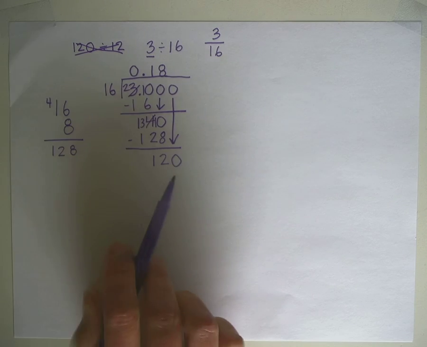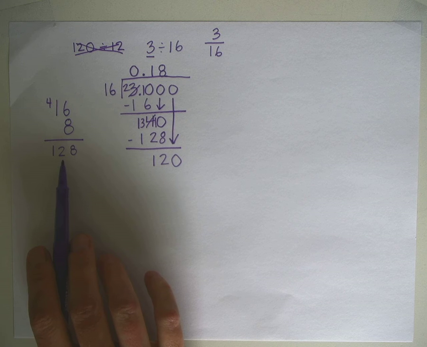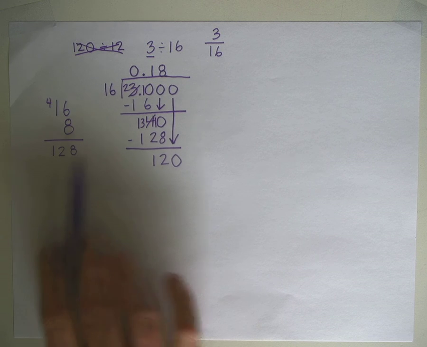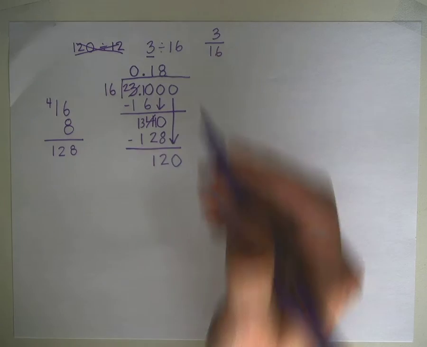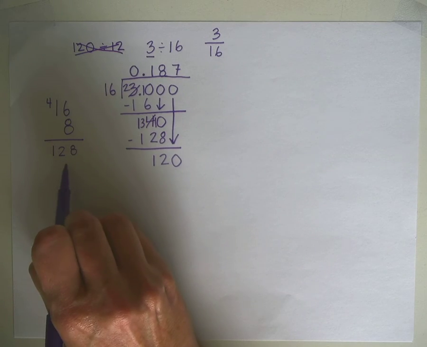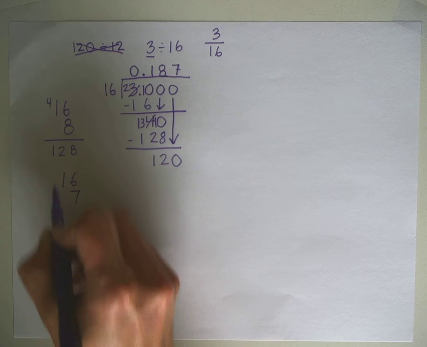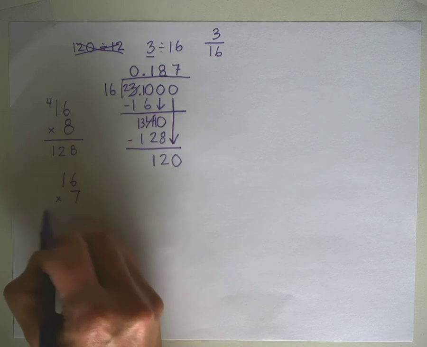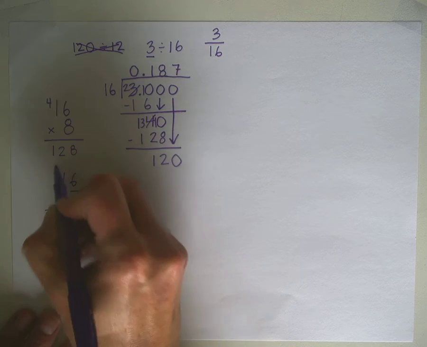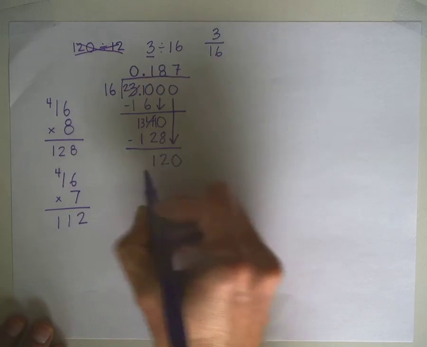Well, that's kind of nice because we know that 16 goes into 128 8 times, and so it's going to just be 1 less here. So we'll do 7. And you can either subtract 16 from this, or you could just do 16 times 7. Put this little multiplication sign there. 42, carry the 4, 11.